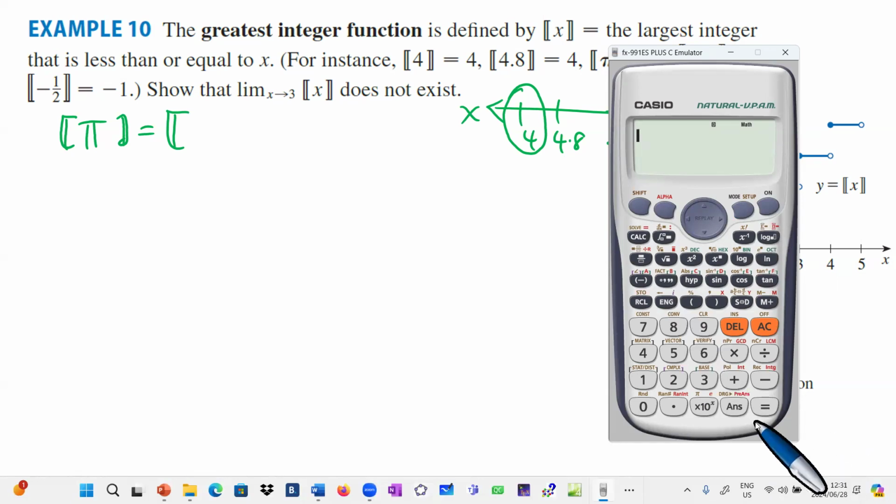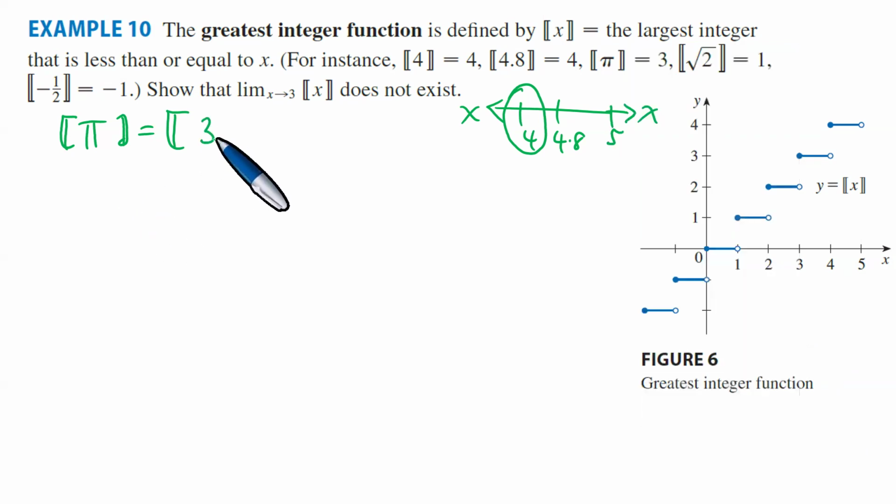Here it is. Pi, taken to 2 decimal places, is 3.14. What is the greatest integer less than or equal to 3.14? It is exactly 3, and hence the answer is 3.